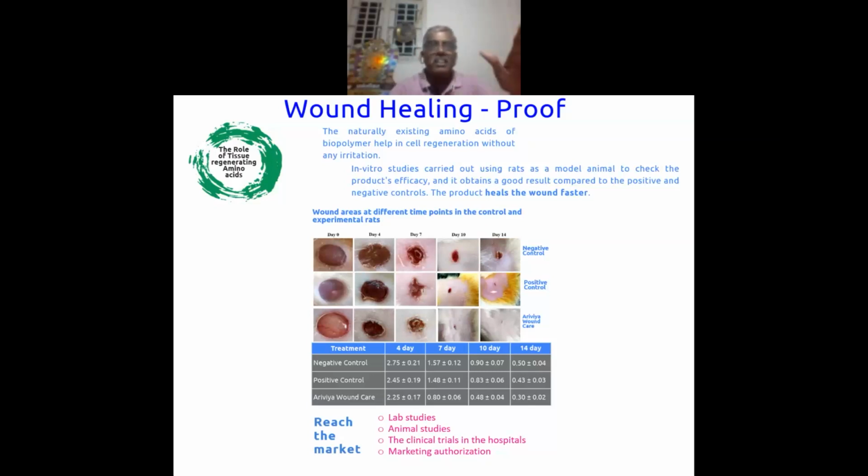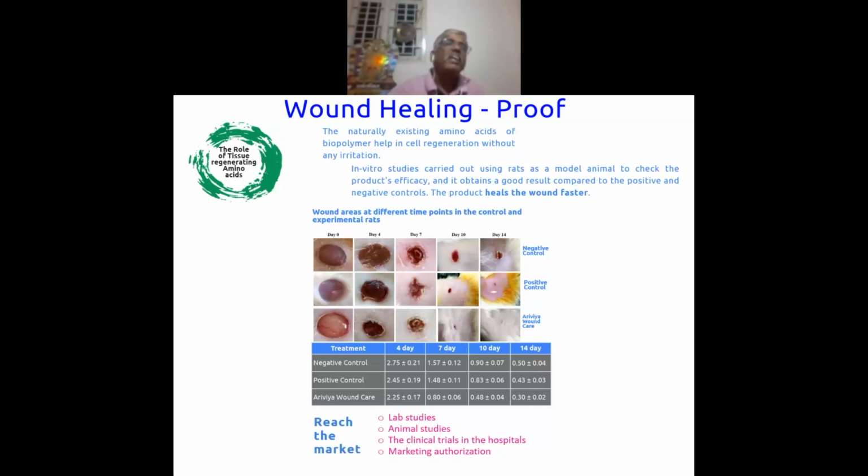Whenever you get a wound, you will be having a scar over the skin. This scar is disappeared by using our product. So fortunately it happened. When you take the natural product that has amino acids, some organic acids, then we are adding some suitable nanoparticles.